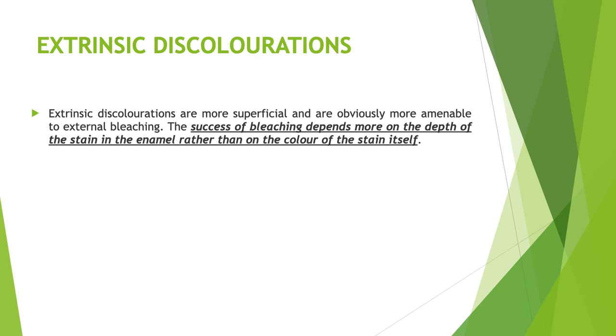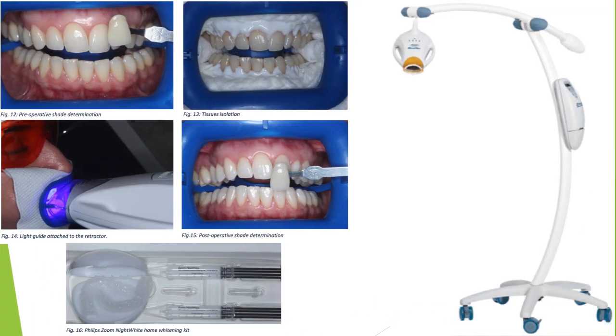Now, extrinsic discoloration should be managed by external bleaching. And external bleaching or extrinsic stains are more easy to get rid of than internal or intrinsic staining.